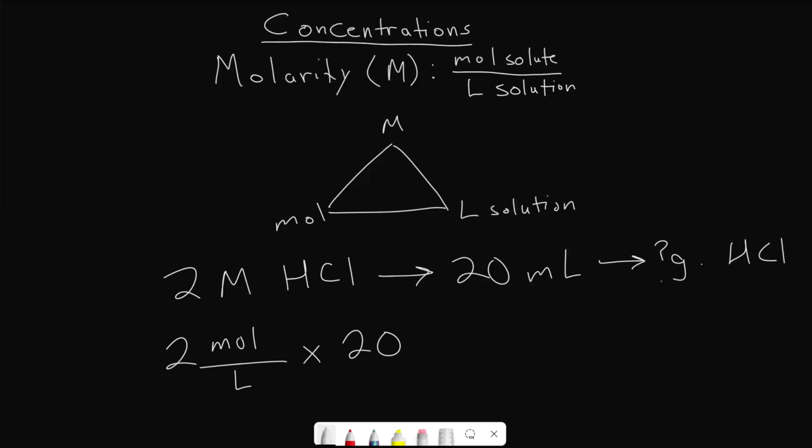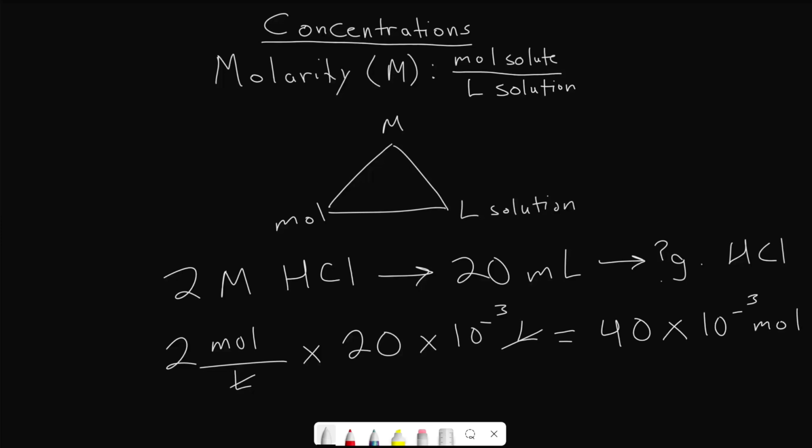If you watched my unit prefix video, you'll know exactly how to do this. We just tack on a 10 to the negative 3 to represent the milli, and then we'll call that liters. So if we multiply, what are we going to get in terms of moles? Well, I'm going to end up with 2 times 20, which is 40, times 10 to the negative 3 moles.